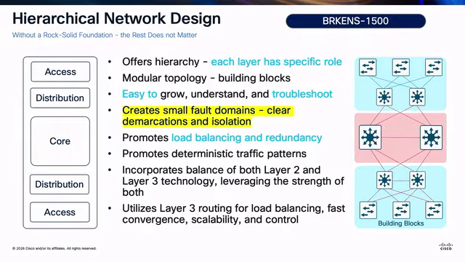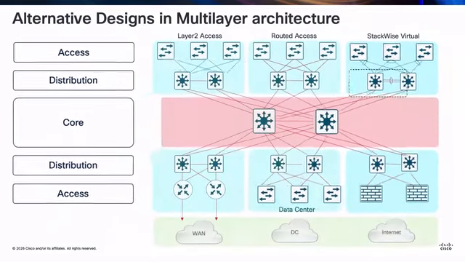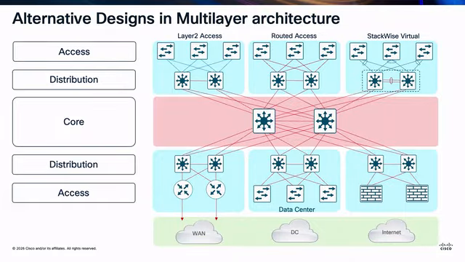Each layer has its specific role. We are building of the building blocks, logical building blocks, which are created of the multiple physical devices. This way, we are creating small fault domains, clear demarcations of the responsibilities. And that also allows us to easily troubleshoot problems in a network, because when we know where the problem occurs, it's really easy to troubleshoot and find the fault.